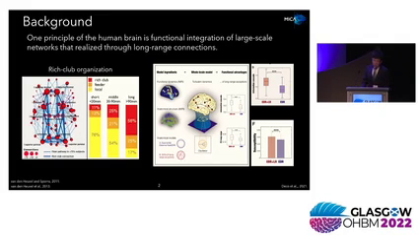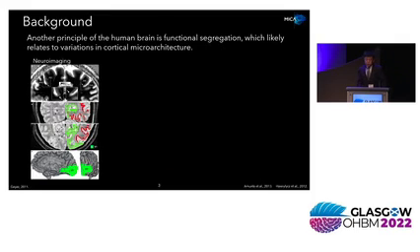On the other hand, another principle of the human brain is functional segregation, which likely relates to variations in cortical microarchitecture. Multi-scale methods provide us opportunities to assess brain microarchitecture underlying these principles. For example, using neuroimaging data such as myelin-sensitive MRI, we can approximately assess patterns of myelination.